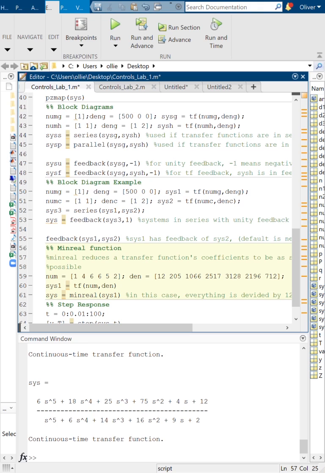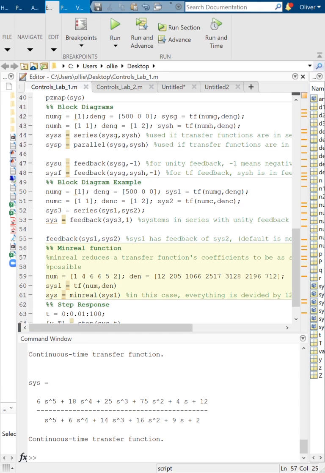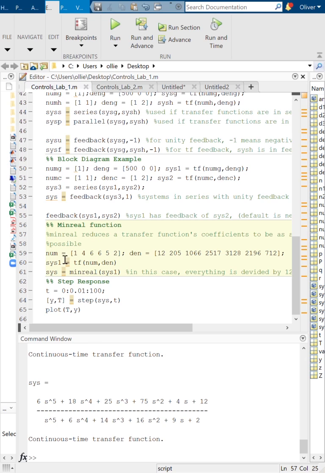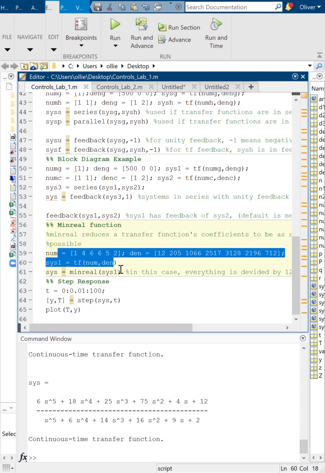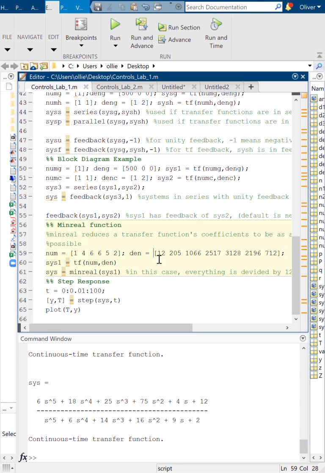Okay, moving on to the minreal function. The minreal function reduces a transfer function's coefficients and attempts to cancel terms if possible. So here we'll make system1 and system2. Here's system1, which has pretty large numbers in the denominator, right, and then the numerator.